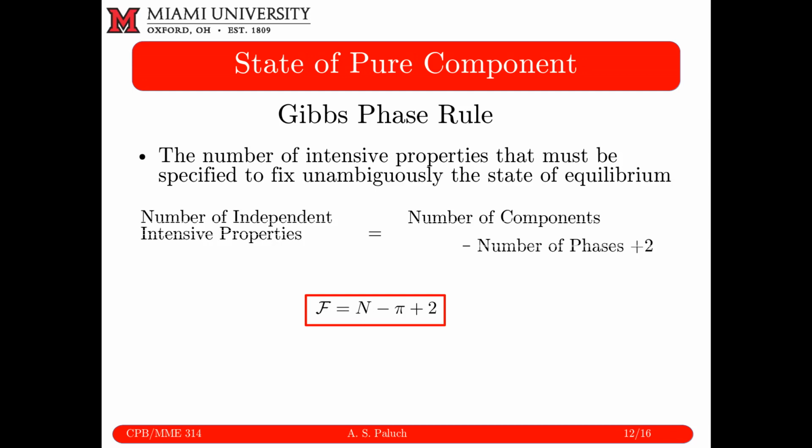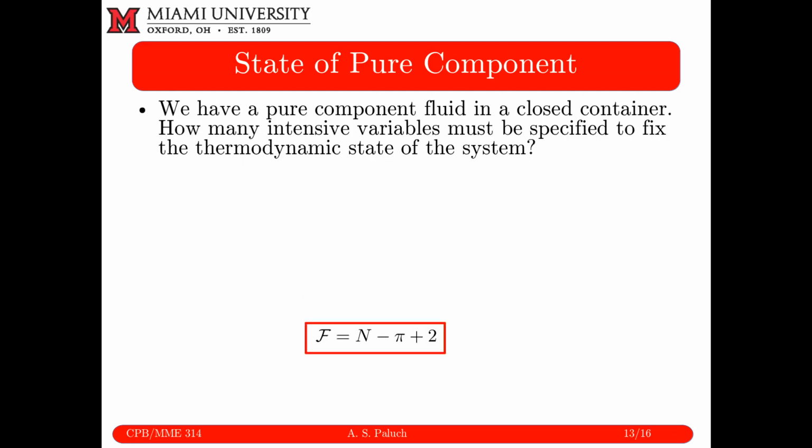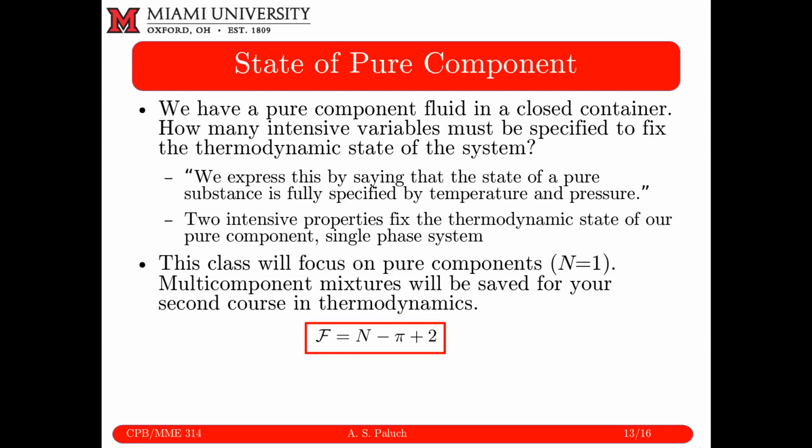That's why we say water at 1 bar or 1 atmosphere boils at 100 degrees C. Once I specify pressure, temperature is known and fixed. Again, for a pure component system in a single phase, I have 2 variables I need to specify. We'll often say temperature and pressure, which is what's emphasized in chapter 1. Why? Because they're physical quantities I know, understand, and can readily measure.